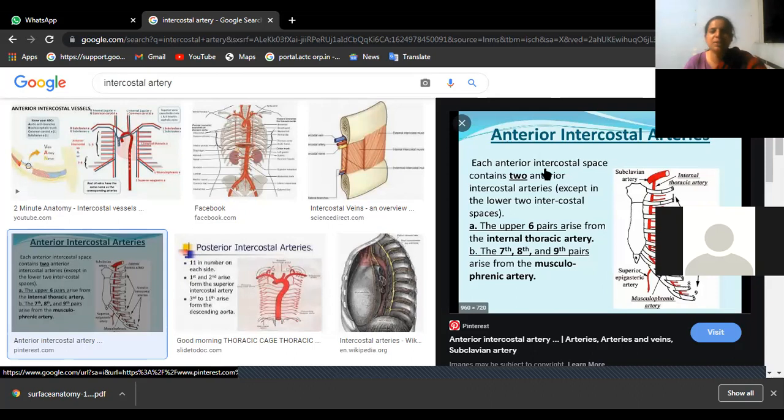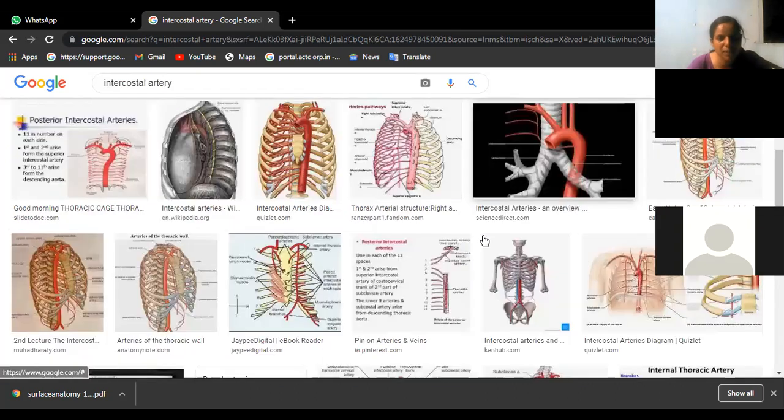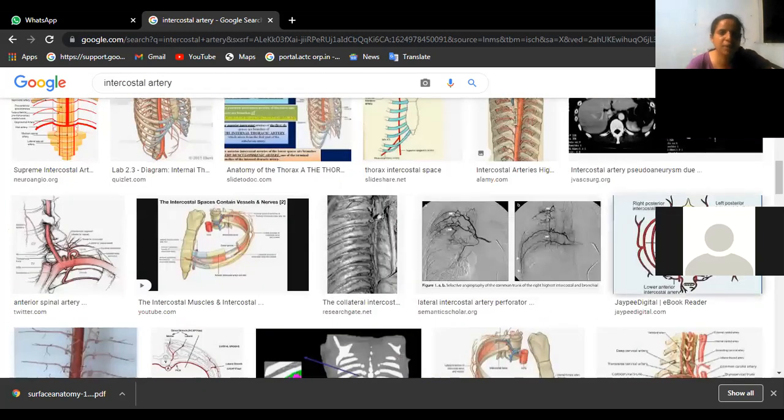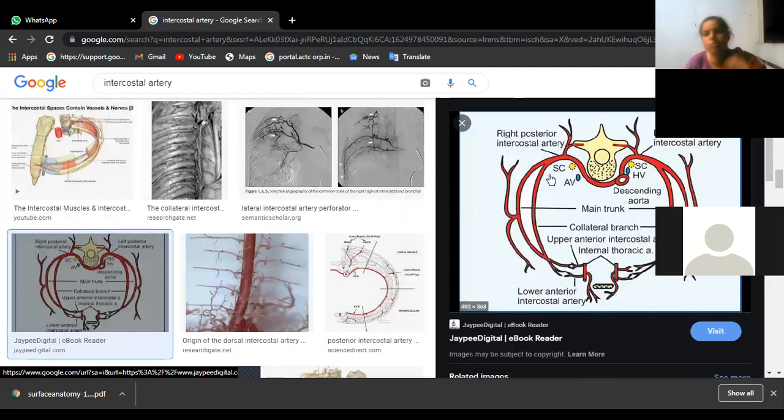Each anterior intercostal space contains two anterior intercostal arteries. Upper six pairs arise from the internal thoracic, whereas the lower seventh, eighth, ninth pairs arise from musculophrenic arteries. So in each space anteriorly we have two arteries and posteriorly we have one artery. This is a very good picture which is given in your textbooks also.